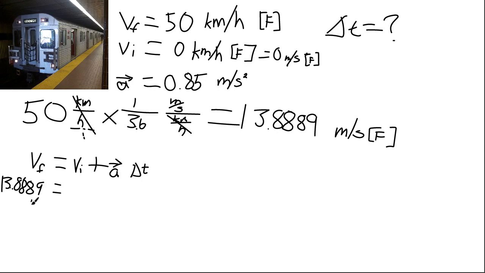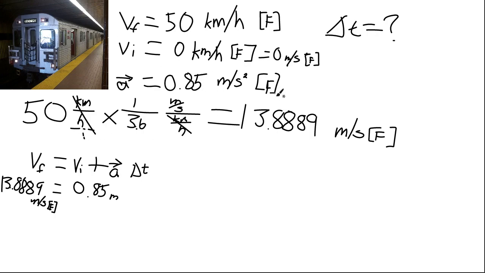VF is 13.8889. I'll put the units below. VI, I can just write 0. Adding 0 does nothing. Equals 0.85 meters per second squared forward.